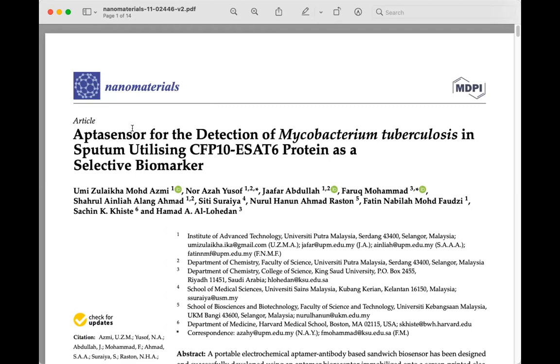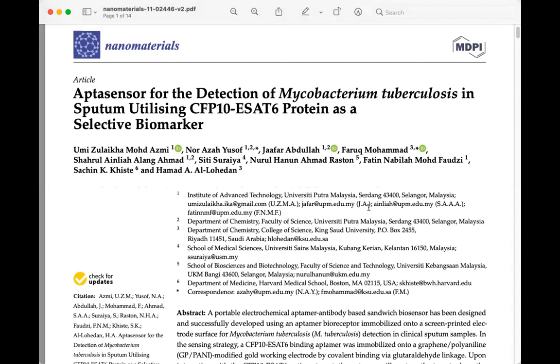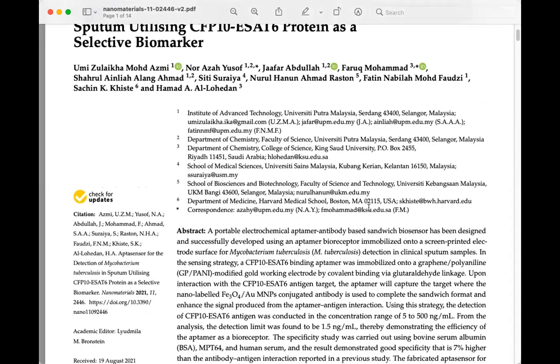The keywords we wanted to highlight are aptamer and aptasensor, because it's quite recent. We also highlight that it has been tested on real samples, not just lab-based samples, which is why we write sputum here. Then we talk about the selectivity of the biomarker. Sorry, my field is sensors, so I'm giving examples based on sensor papers.